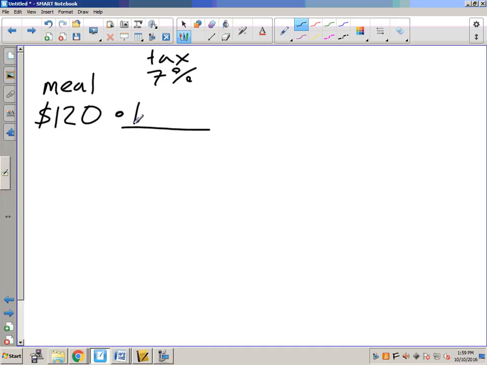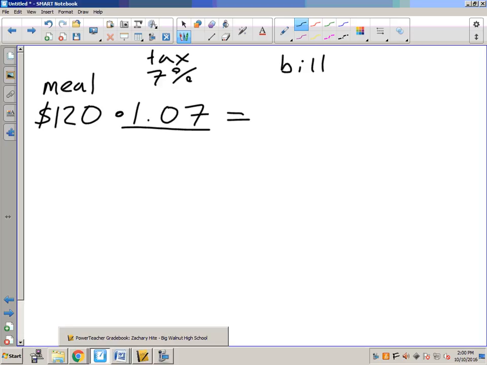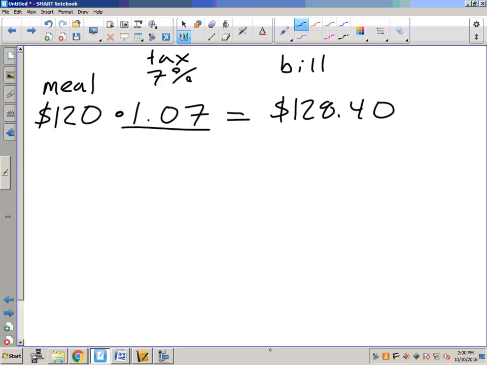Go ahead and put that in your calculators and tell me how much our bill is going to be. $128.40. Sounds reasonable.